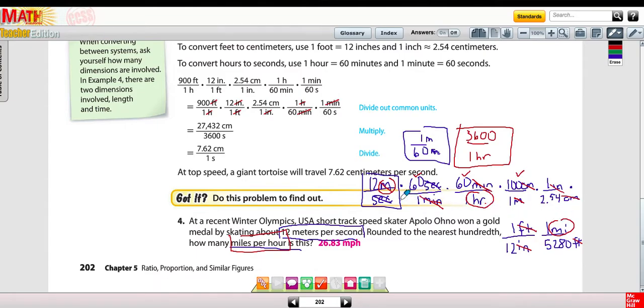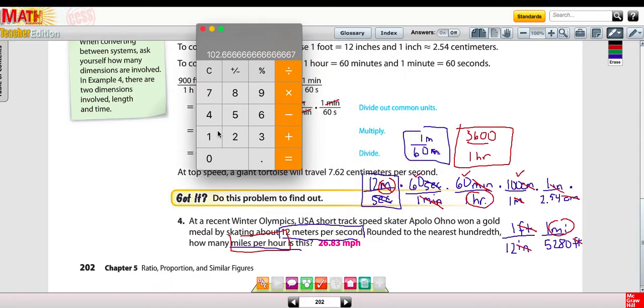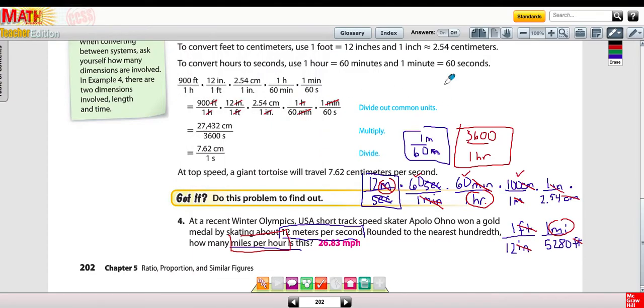So now it just becomes a long multiplication problem. So we're going to pull up the calculator and take all the numerators, 12 times 60 times 60 times 100, and that is equal to 4,320,000. So let me write that down here just in case I lose it.